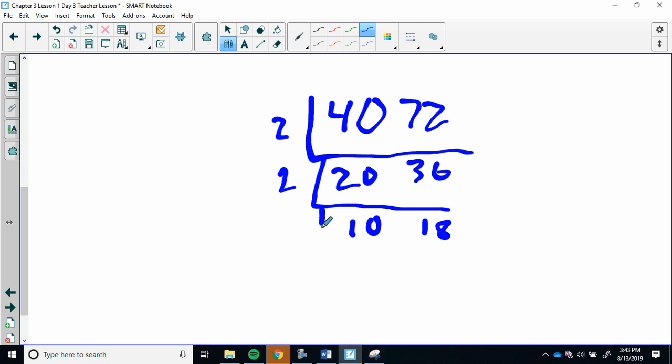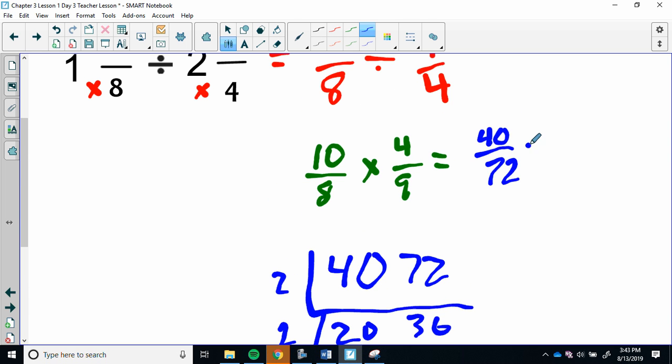And we do it again. They're still even. 2, 5, and 9. So there we go. Now we got it reduced to simplest form. When we get it down there, that's going to be your answer. So the answer is going to be 5 over 9.